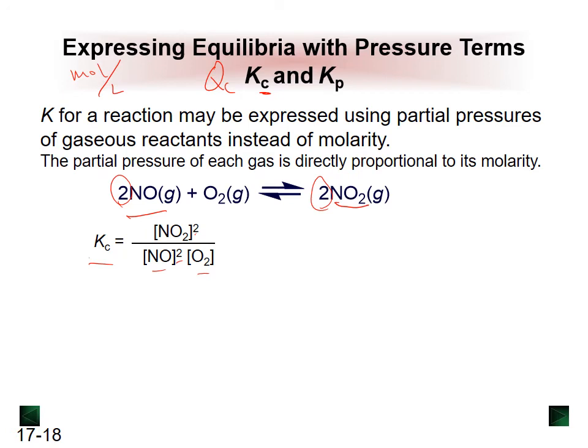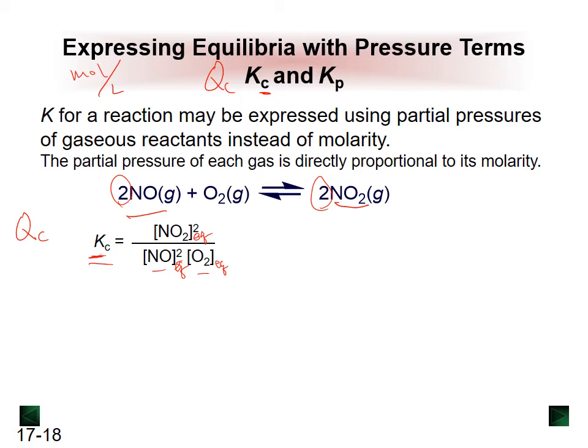Note that if it's Kc, that means equilibrium constant, so these concentrations are equilibrium concentrations. EQ means equilibrium concentration. Now, if they are not equilibrium concentrations, then this ratio should be Qc, the reaction quotient.